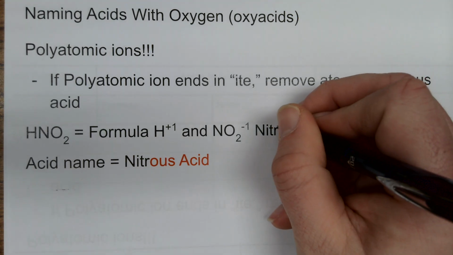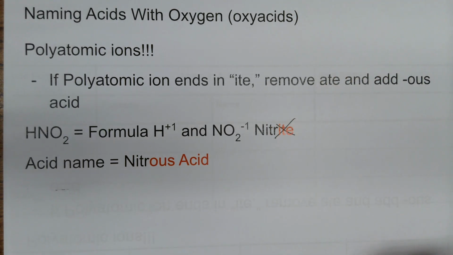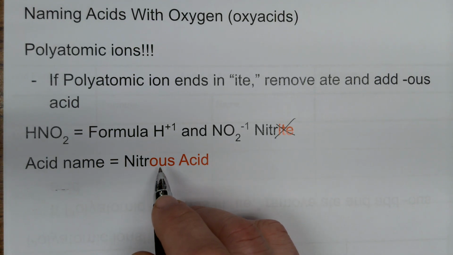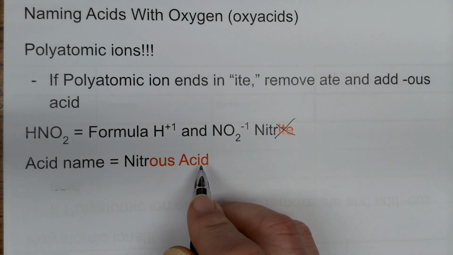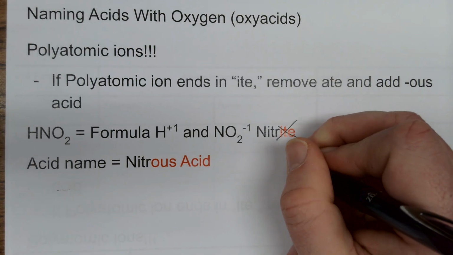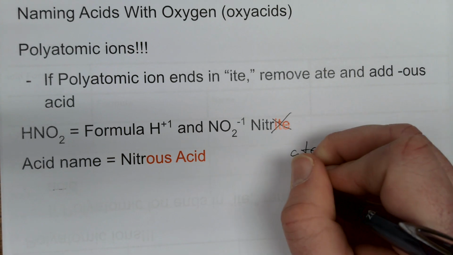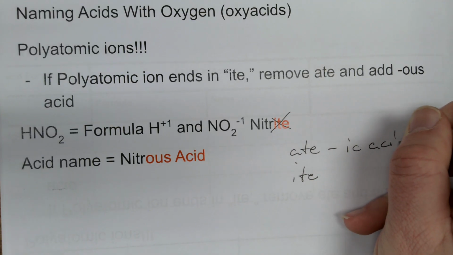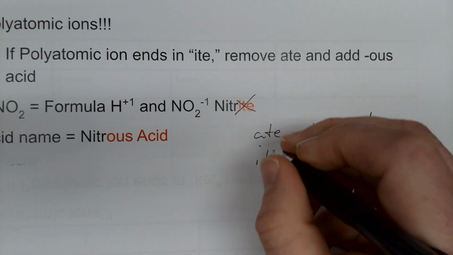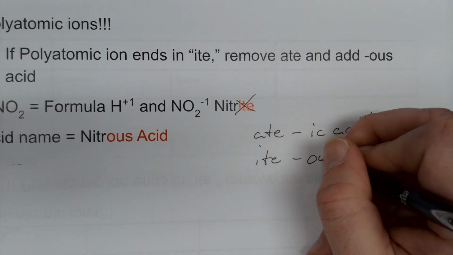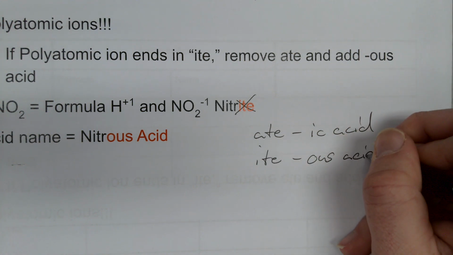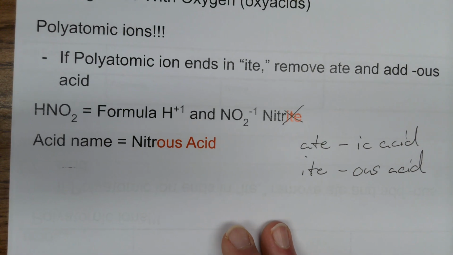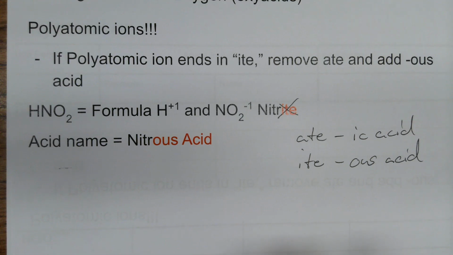I'm going to cross off the ite and replace it with nitrous acid. So that's where I need to memorize those ates and my ites. If it's ate, it's ic acid. If it's ite, it's ous acid. That's the big difference between the two.